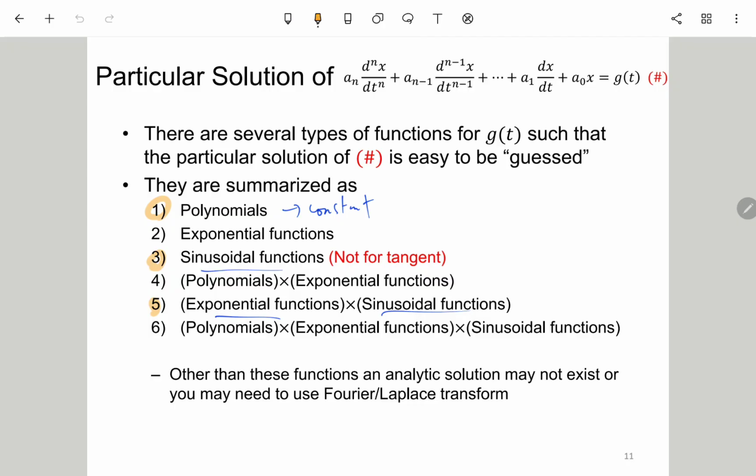Okay, so other than these functions, the solution may not exist, or you may need to use Fourier transform or Laplace transform to do so.